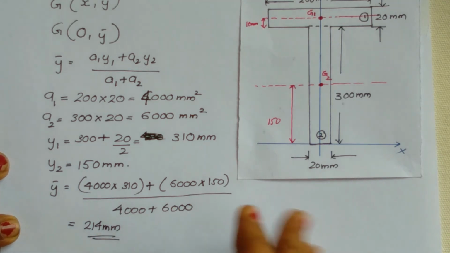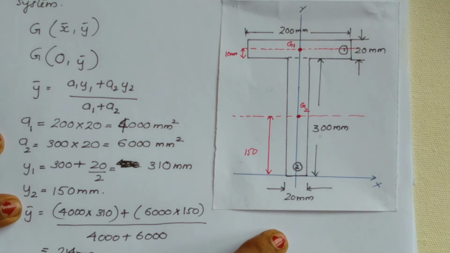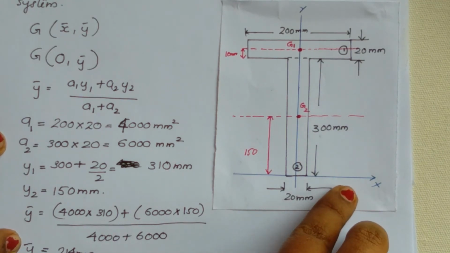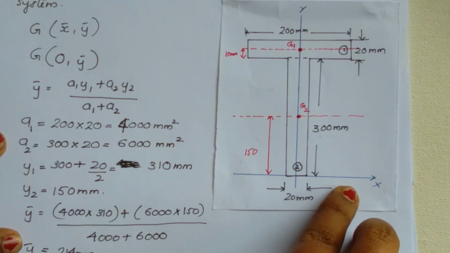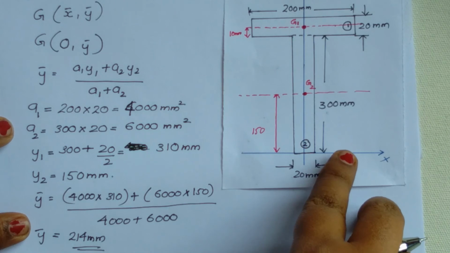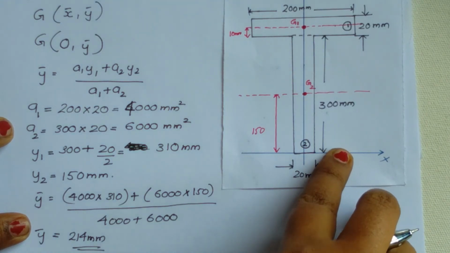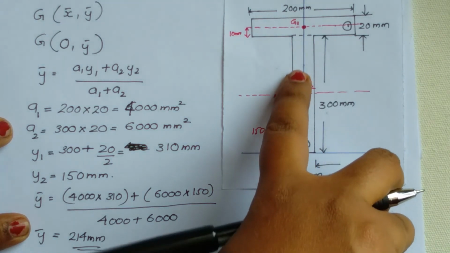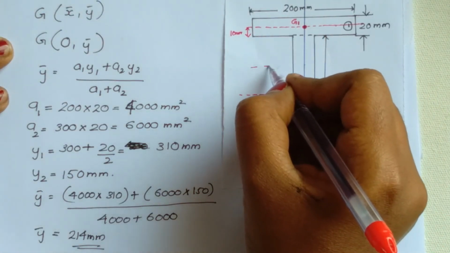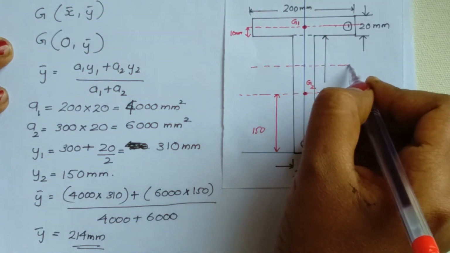So how will you mark this value on this figure? y bar is the distance from the x-axis to the centroid. So from the x-axis the centroid is at a distance of 214 mm, approximately somewhere here.